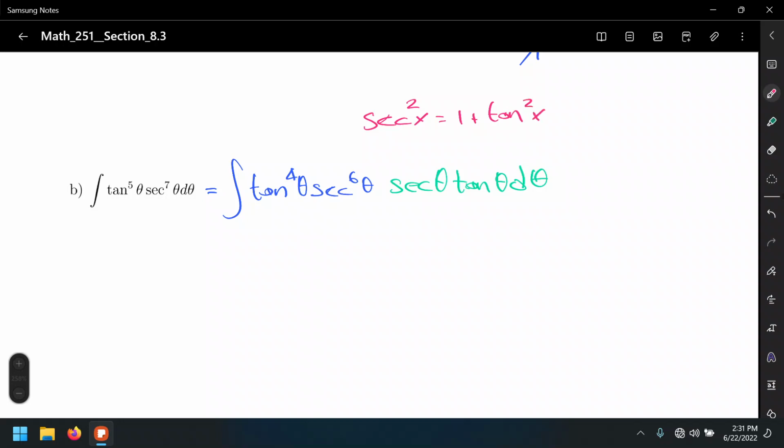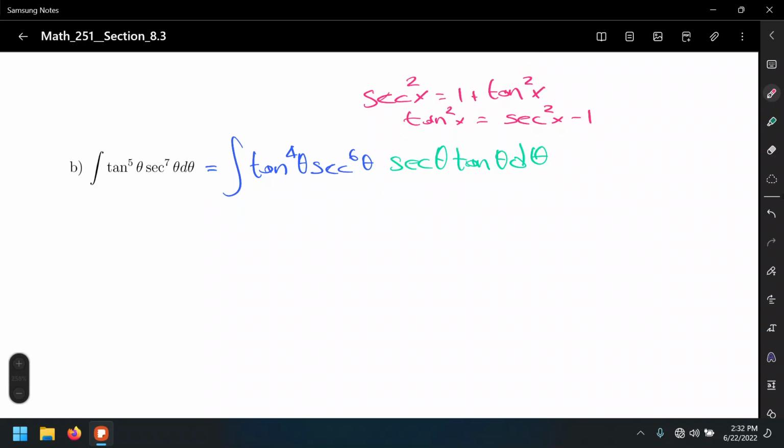We're going to use this identity, but in this case we are going to replace all tangents in terms of secants. That is, tangent squared x equals secant squared minus 1. So the tangent to the 4th, I'm going to write as tangent squared quantity squared, the same way we did it before with the sines and cosines.